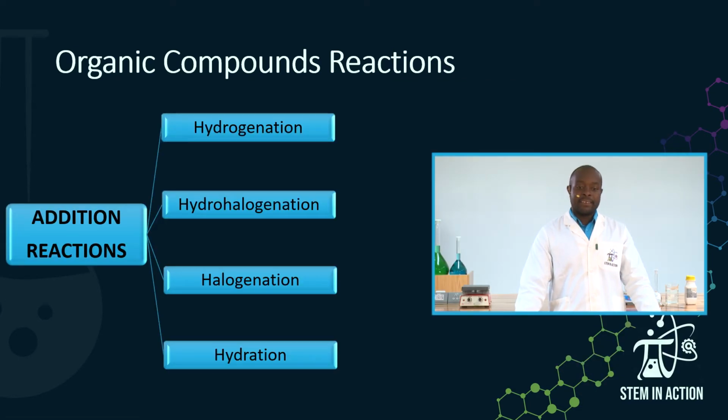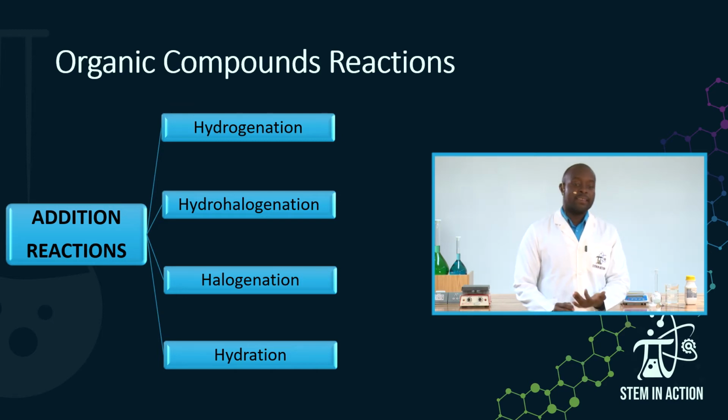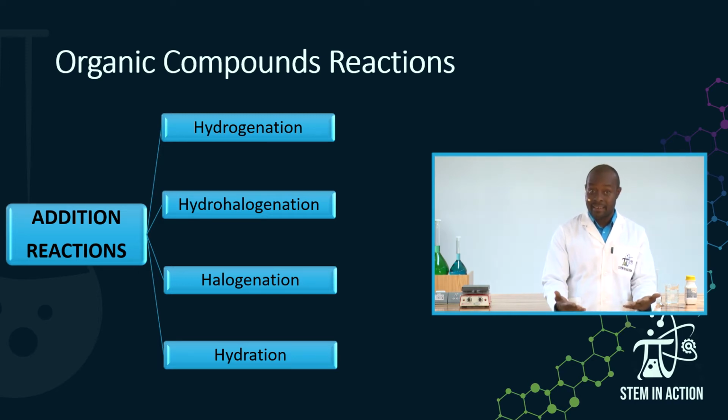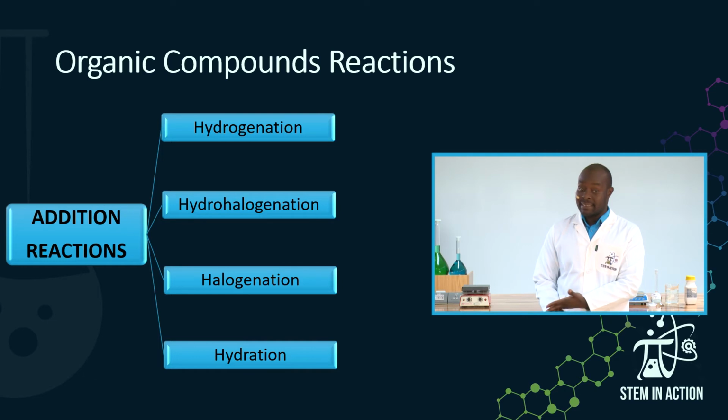So with the addition reactions, firstly, you have got hydrogenation, which, as the name suggests, comes from the word hydrogen. So we're adding a hydrogen or a hydrogen molecule. Then you have got hydrohalogenation. As the name suggests, you have got a hydrogen and a halogen.